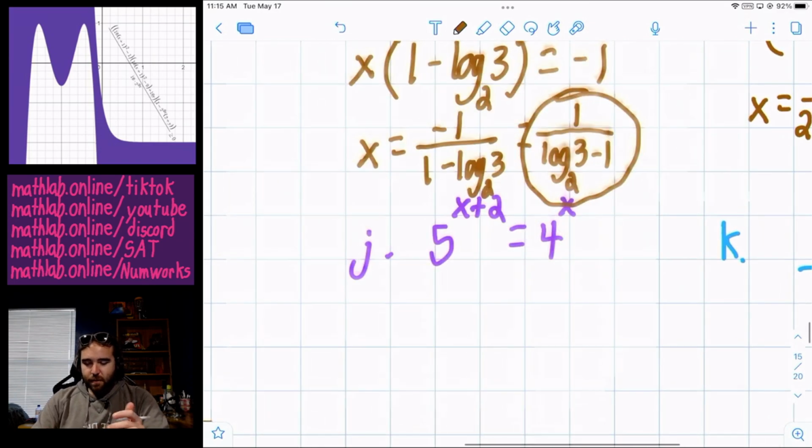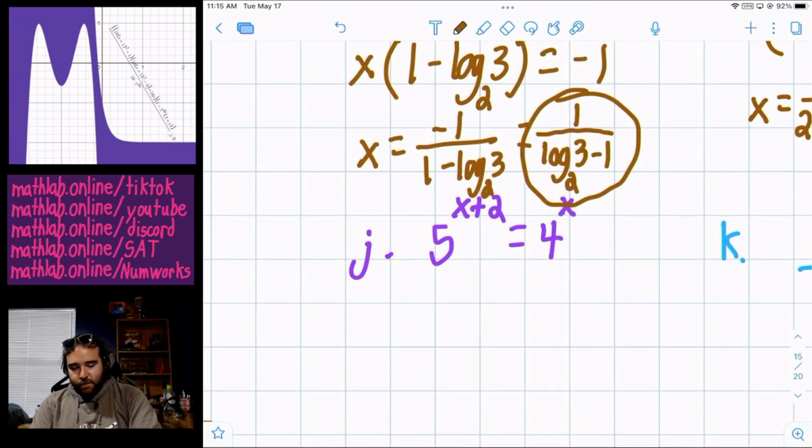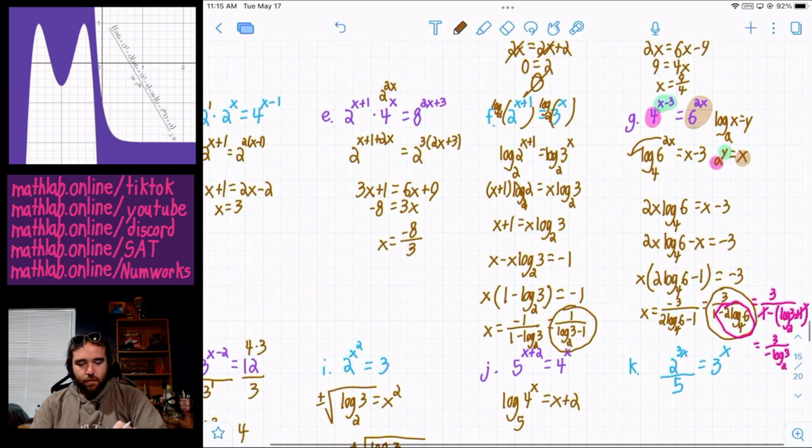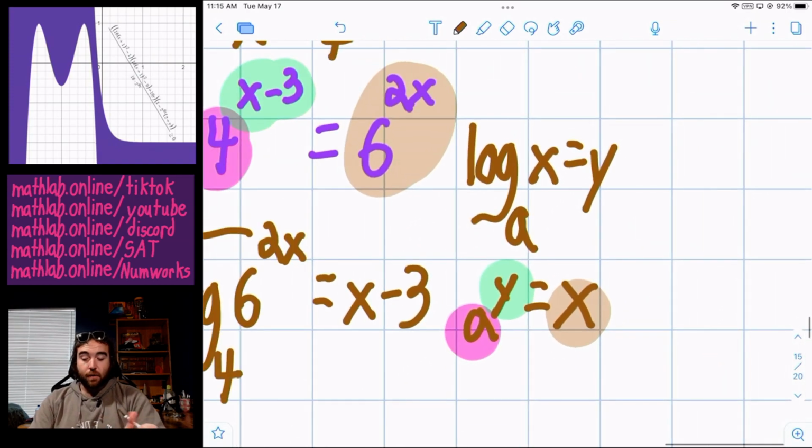All right, continuing on, back to the more tougher ones. So we're going to do log base 5 of 4 to the x equals x plus 2. Just doing the same thing we did here on G using our main log ideas.